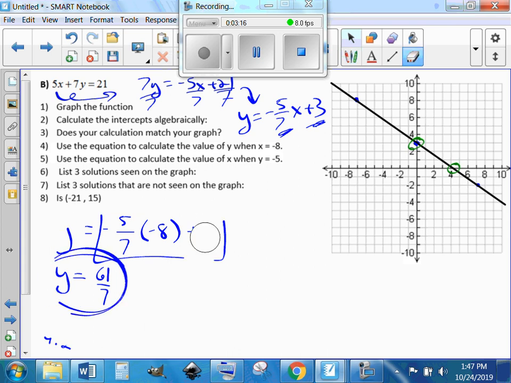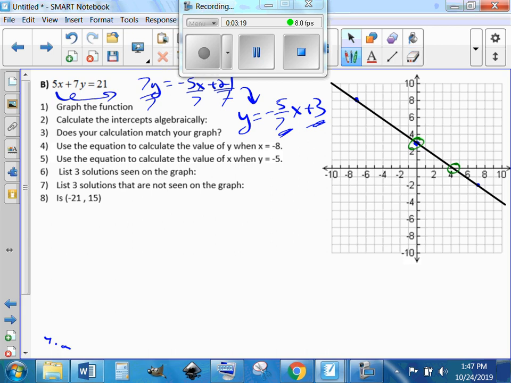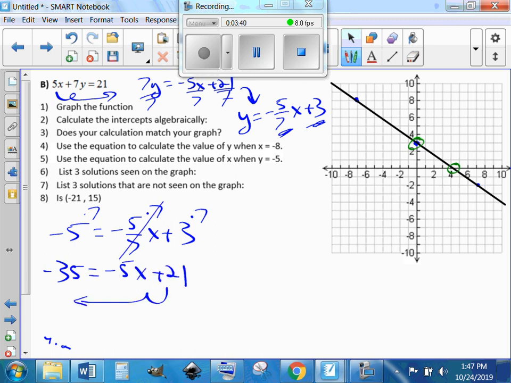Okay, number 5. So here we want the value of x when y is negative 5. So negative 5 is the y, and here x is going to be the unknown. So to solve this equation, I'm going to multiply by that 7 again. So negative 35 equals negative 5x plus 21. I'm going to move the 21.